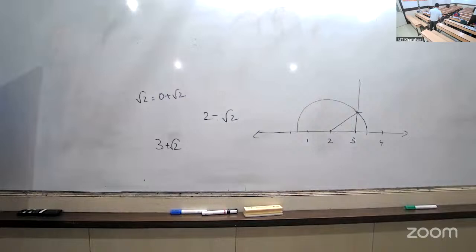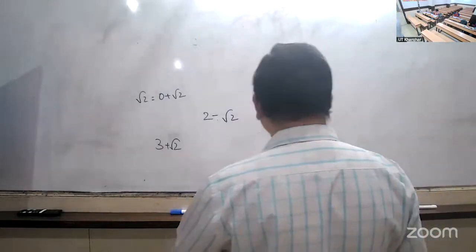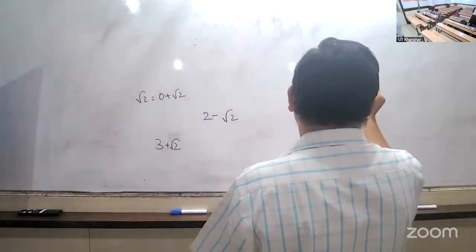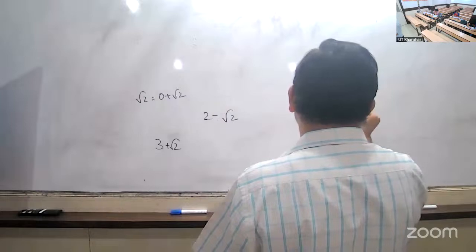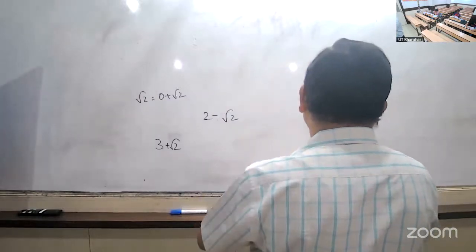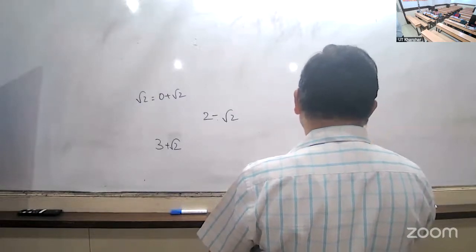Okay. So write. Construct the following. You have to do root 5, 2 plus root 2, 2 minus root 2, 4 plus root 2, 4 minus root 2.